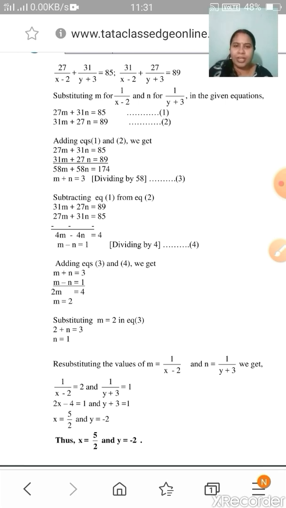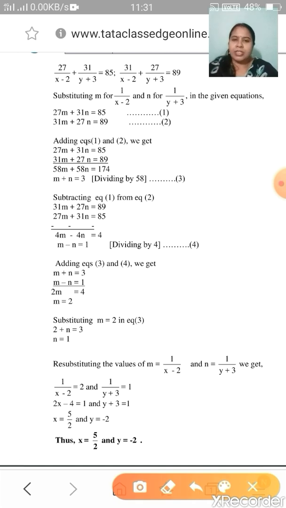You can simplify it and see that 58 can be taken common as 174 is divisible by 58. So our next step is dividing throughout by 58 and we get m plus n is equal to 3. As I am dividing 174 by 58, I get 3. Now put it as equation number 3.